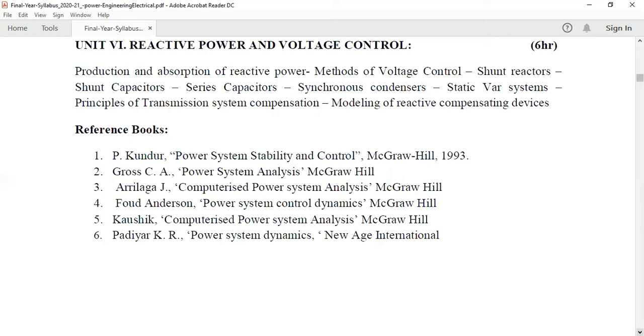Arill Gajje, Computerized Power System Analysis, again from McGraw-Hill publication. Found Anderson, Power System Control Dynamics. Kaushik, Computerized Power System Analysis. And Padiyar K.R., Power System Dynamics, of New Age International publication. So this is about the very basic details.